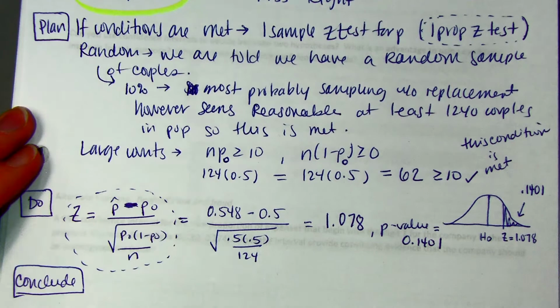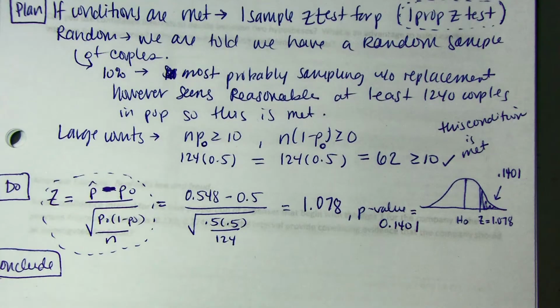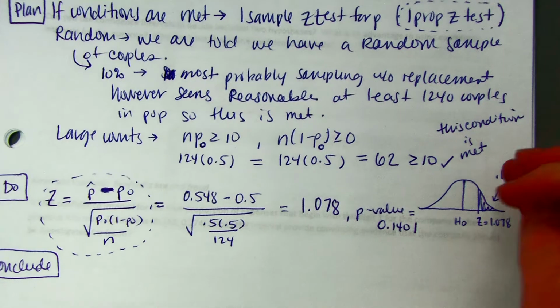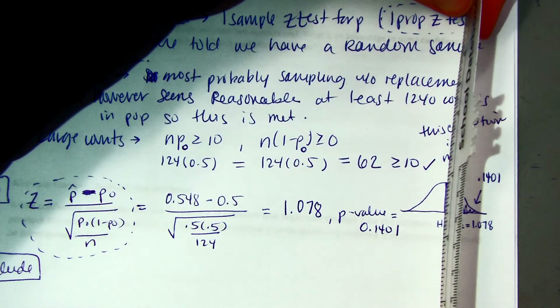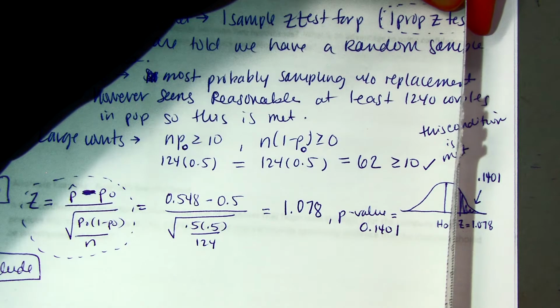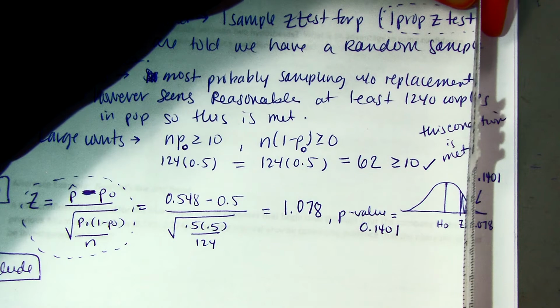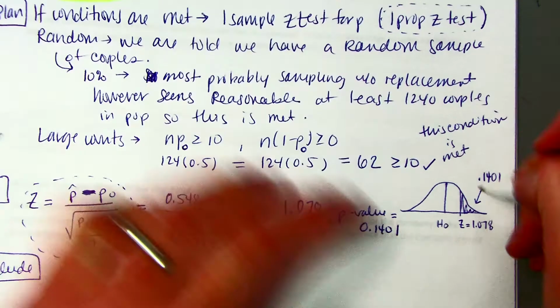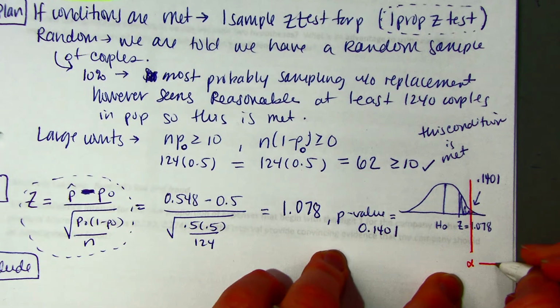Okay, so when you conclude, the conclusion is based on where the alpha value is. The alpha value that we had was 0.05. That means the area under the curve is equal to 0.05. So I need to put a vertical line here in my picture such that the area to the right is 0.05. So 0.05 is smaller than 0.14. So my alpha value would be here.